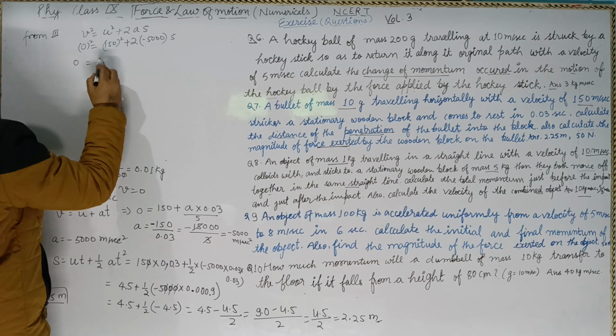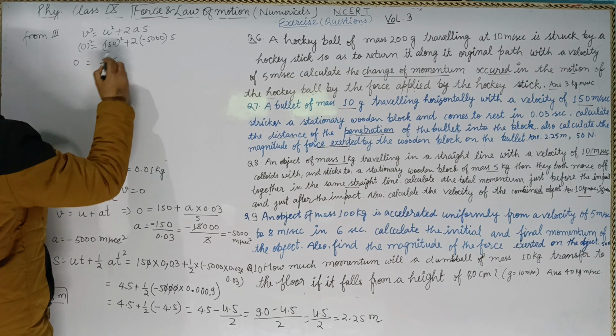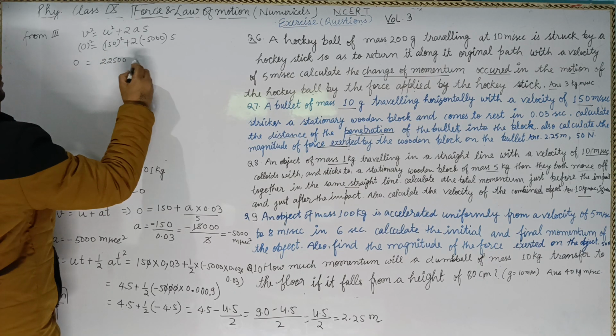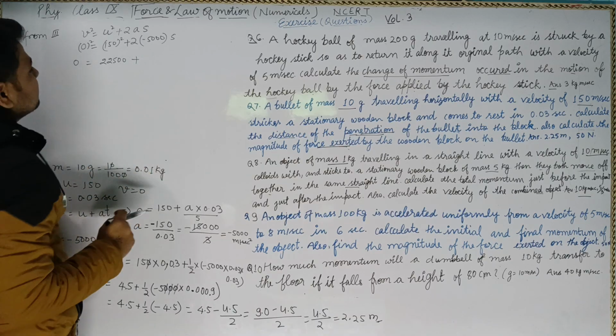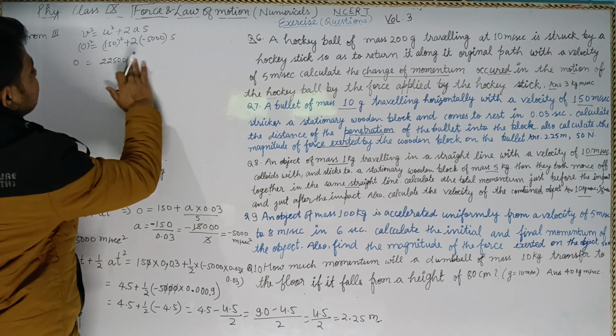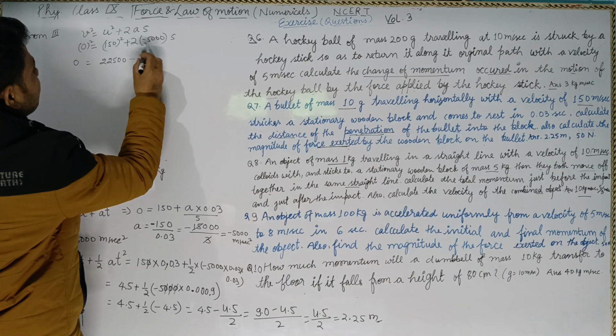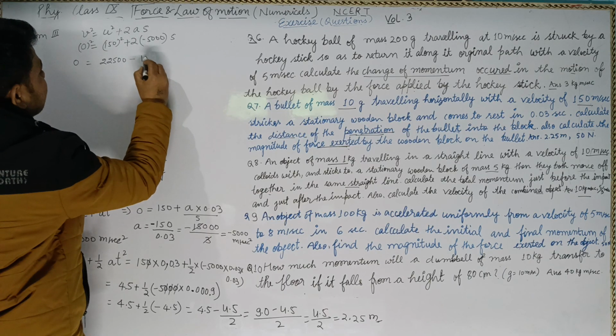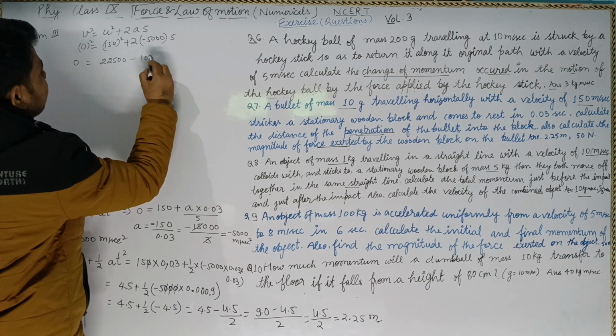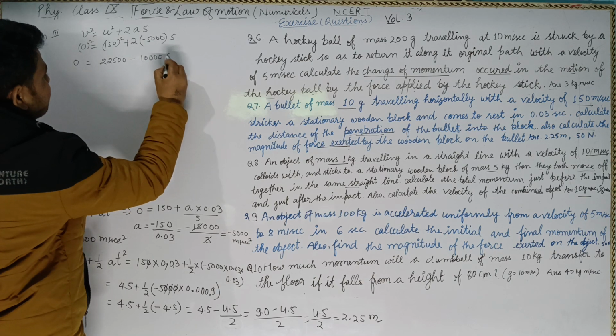0 equal to square of 150 is 22500, plus negative 2 into 5000, that is 10,000 s.